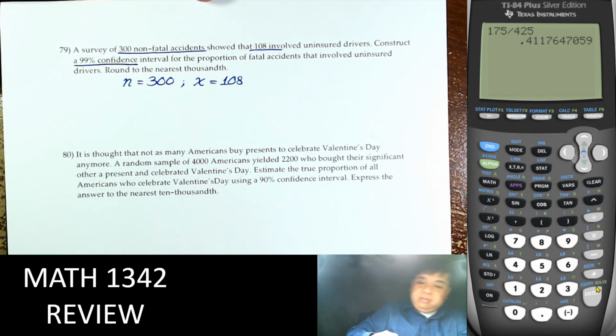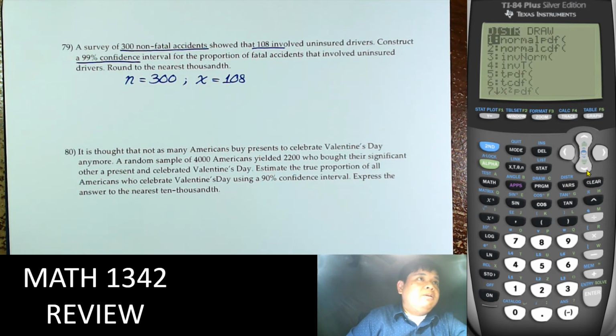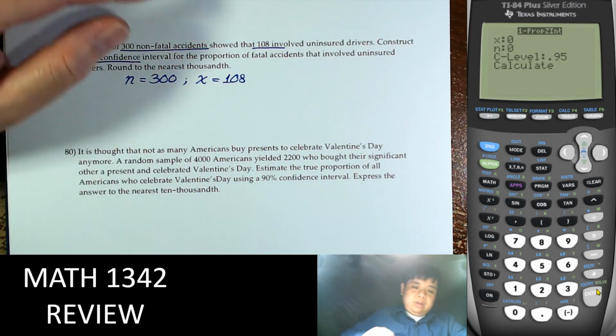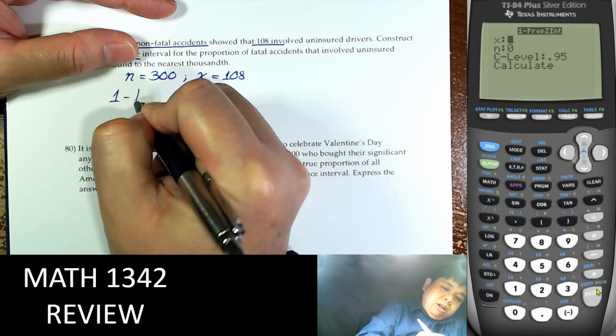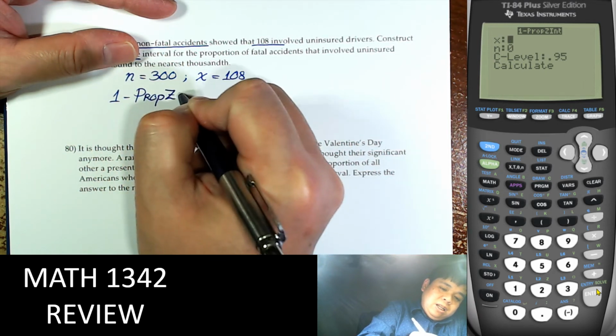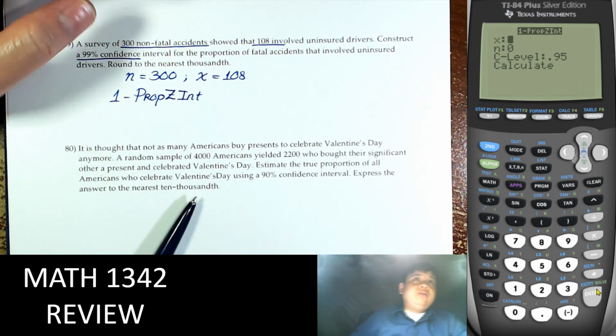And of course we can construct the 90% confidence interval with all the formulas, but in the calculator, we press stat, then go to test, and look for the interval, so one proportion z interval, with those three pieces of information.